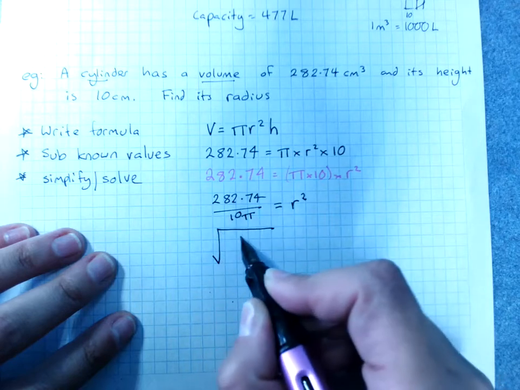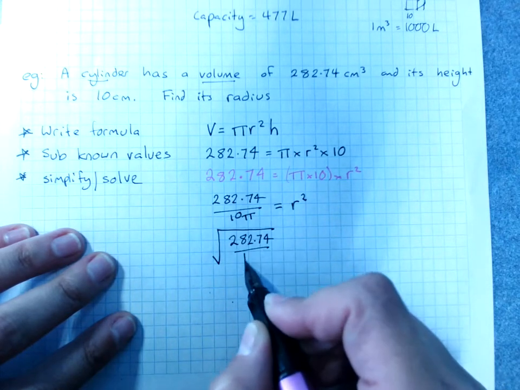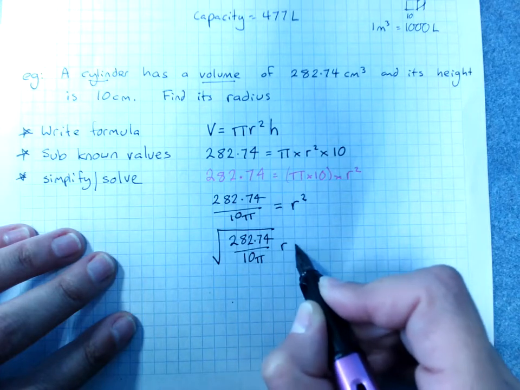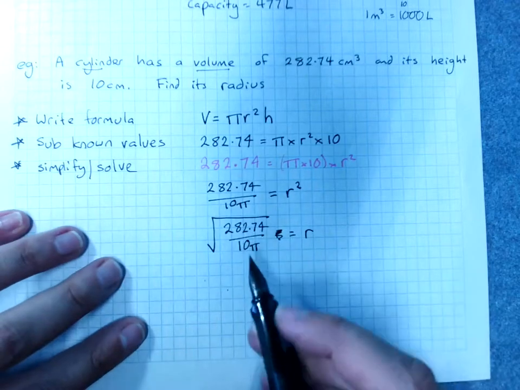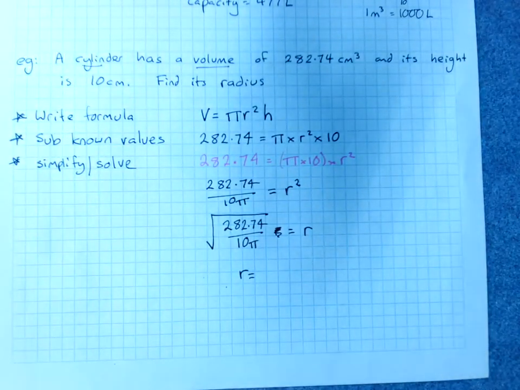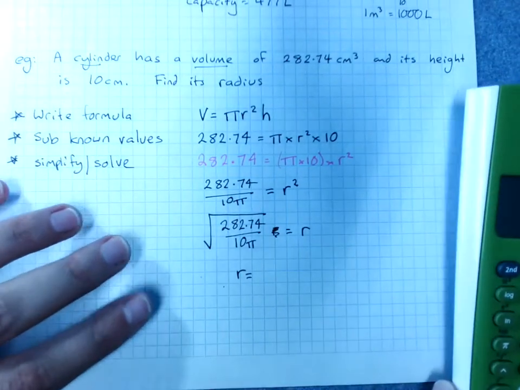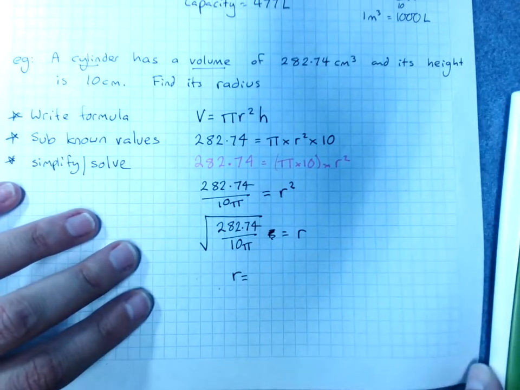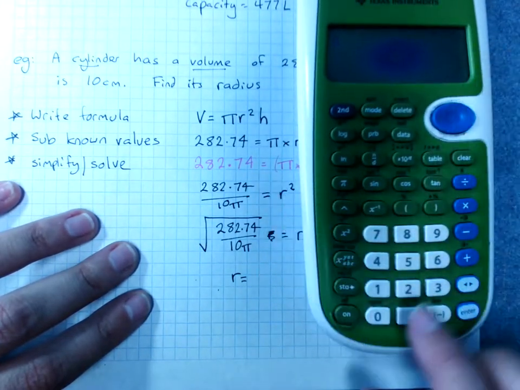The square root of 282.74 over 10 pi is the radius. And then we can just type all this into the calculator to find the radius. So you're solving an equation. If you're not sure how to solve an equation, you should probably watch one of my other videos on how to solve an equation because we need to be able to do this.